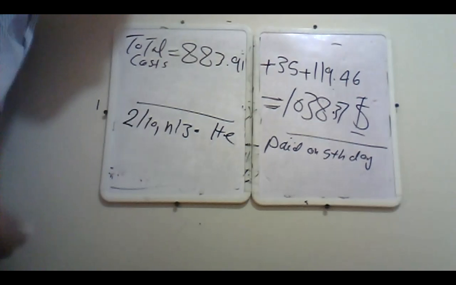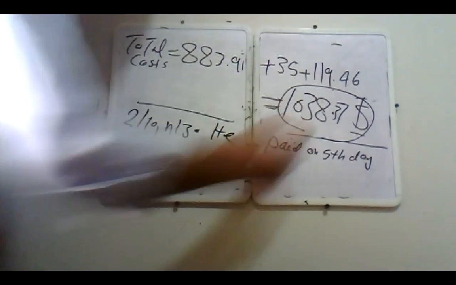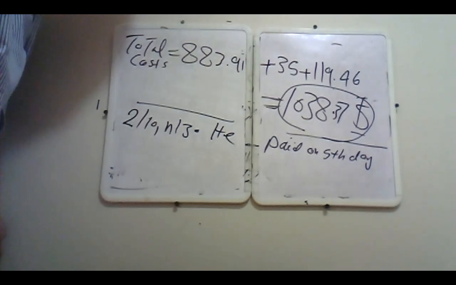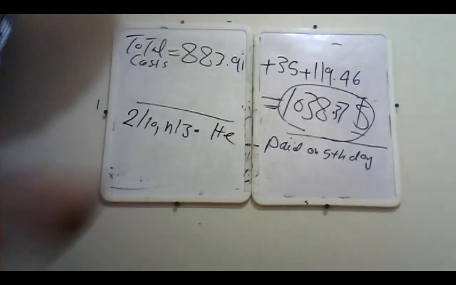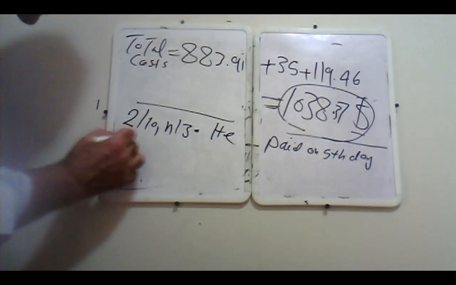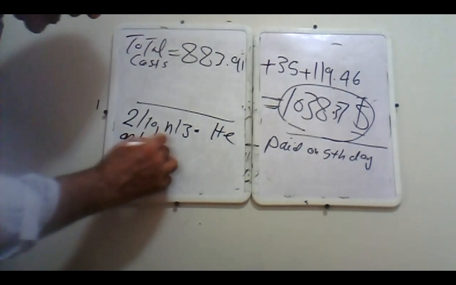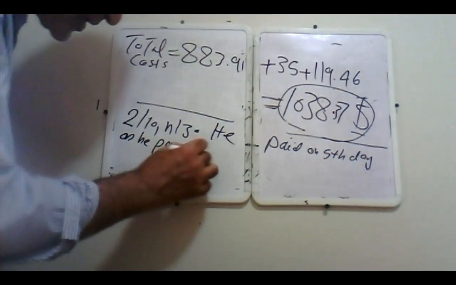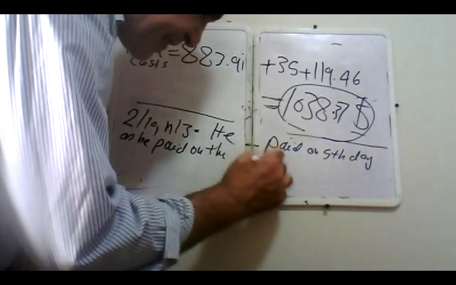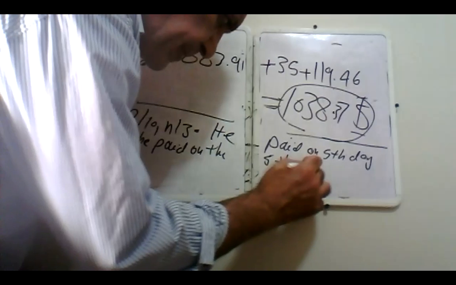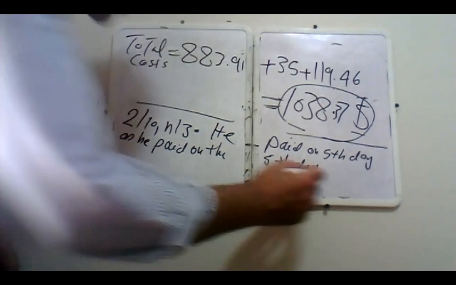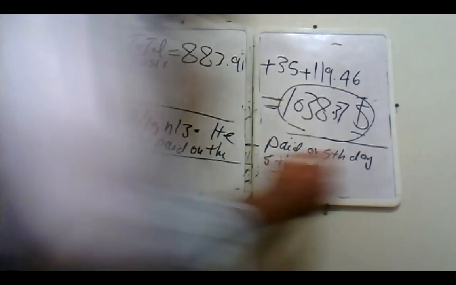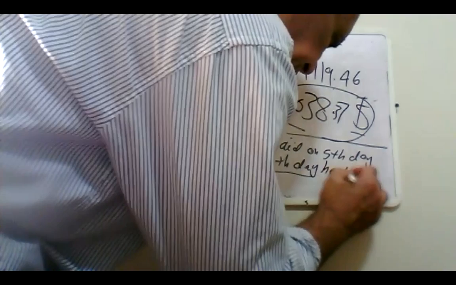Then the discount will be from what? From the price list. This will be the net price. Then we'll say, as he paid on the 5th day, he deserves the discount.